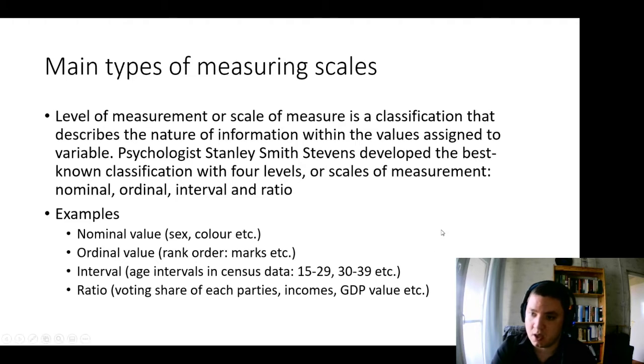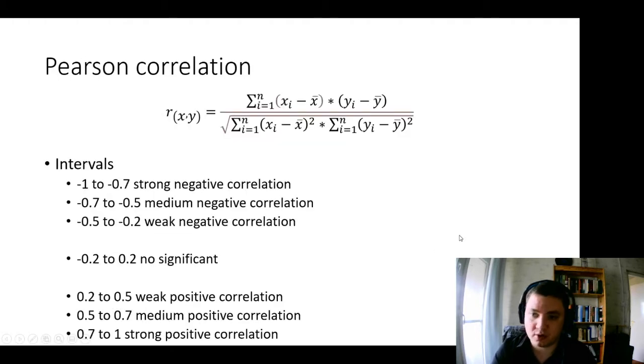Okay, between the ratio variables, we can measure the interrelation and the relationship between two ratio measurements. We can use the Pearson correlation. Here it is.